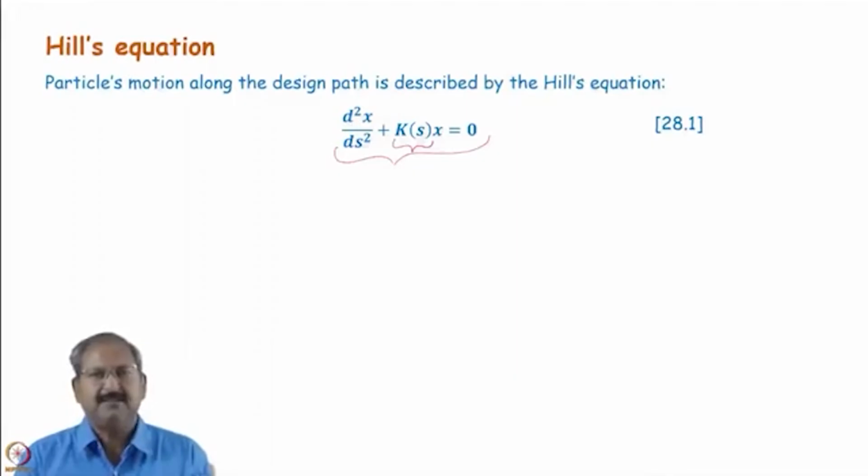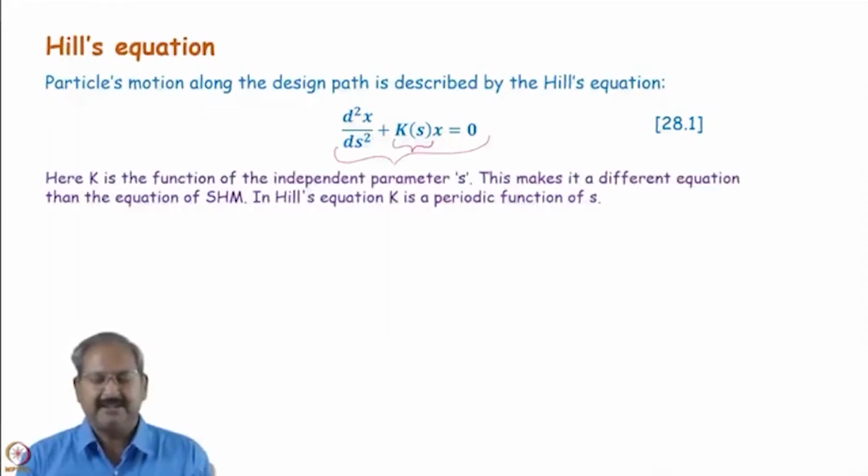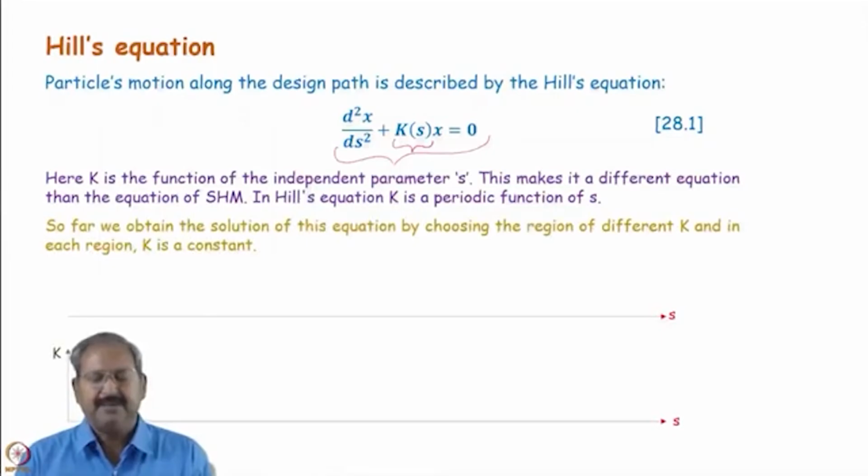One piece may be one magnet, and inside that piece k is constant, and we solve that equation just like the simple harmonic oscillator equation. This method, which leads to matrices, is also known as the piecewise solution of the Hill's equation.